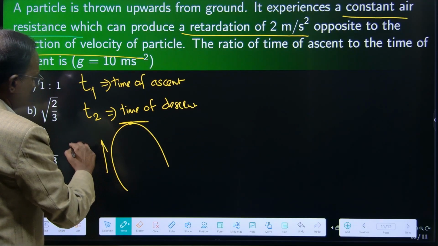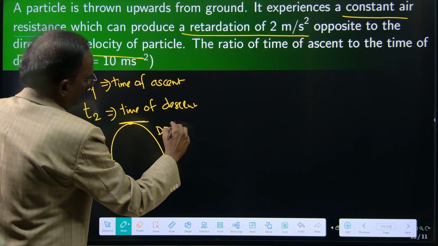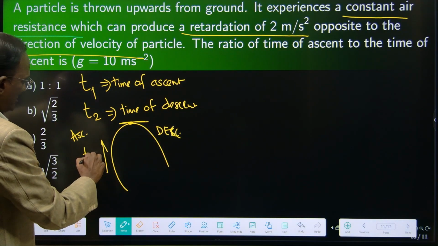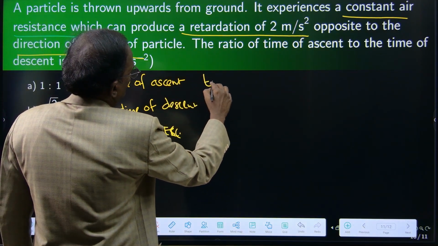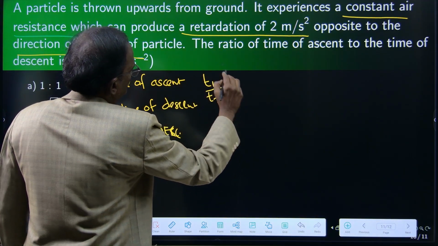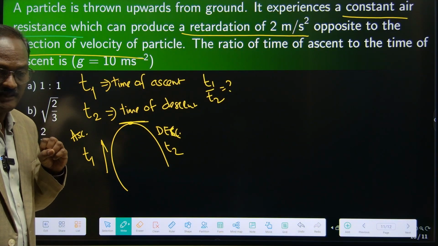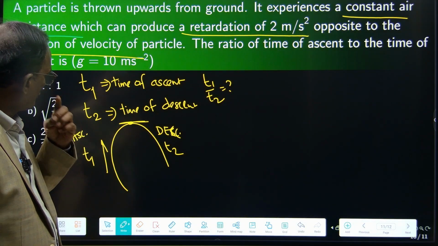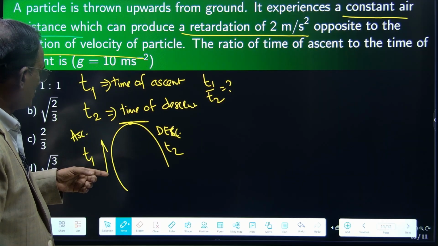This is ascent, going up, and this is descent, coming down. T1 is this time and T2 is this. What is the ratio T1 by T2? Air resistance must be taken into account in this kind of problem.